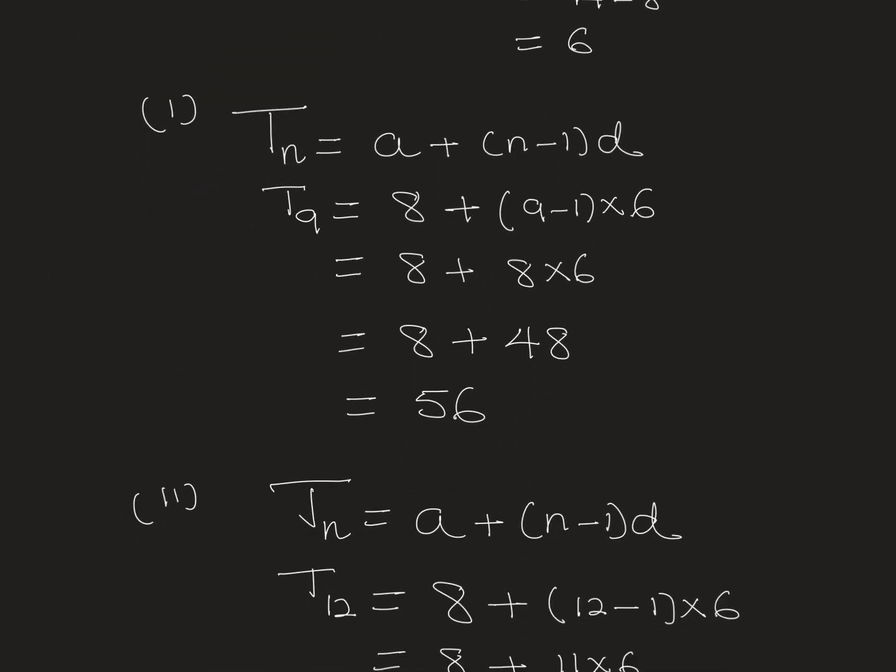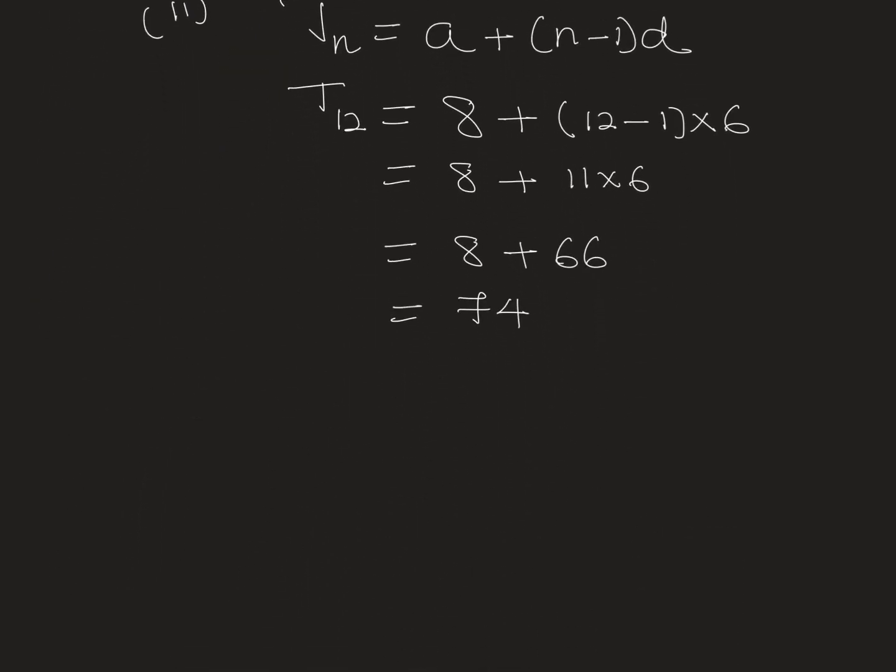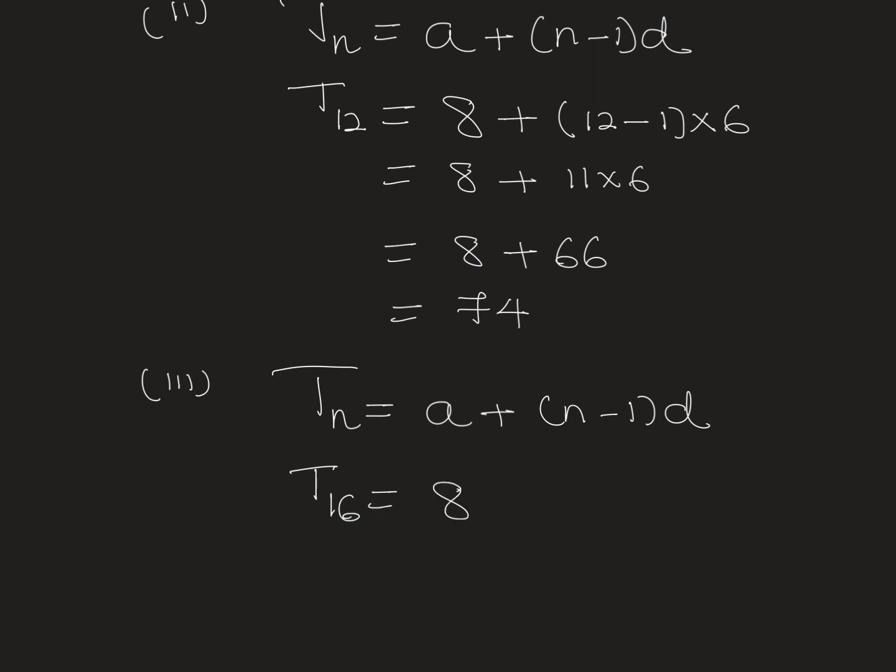So the final question is the 16th term. Still the same formula, T sub n is equal to A plus n minus 1 times the difference. That will be T sub 16 is equal to 8, which is the first term, plus n, which is 16, minus 1, times the difference, which is 6.